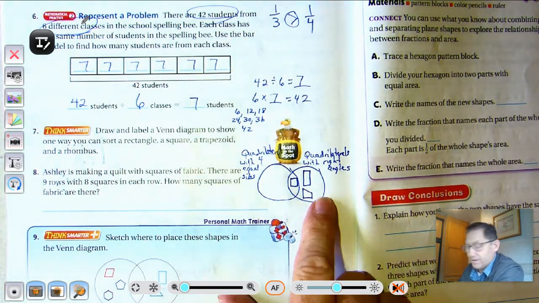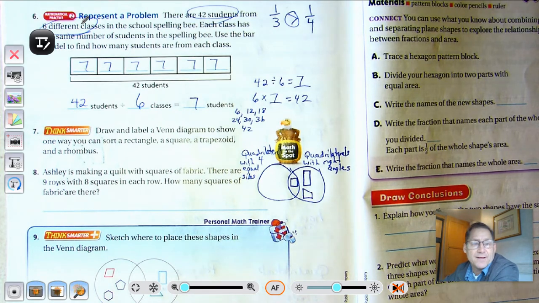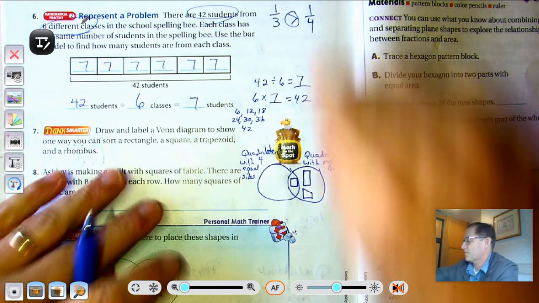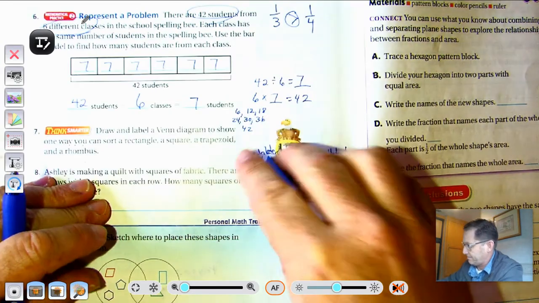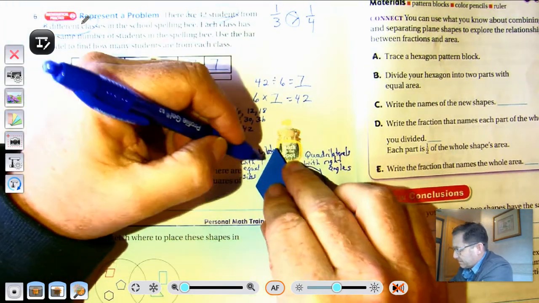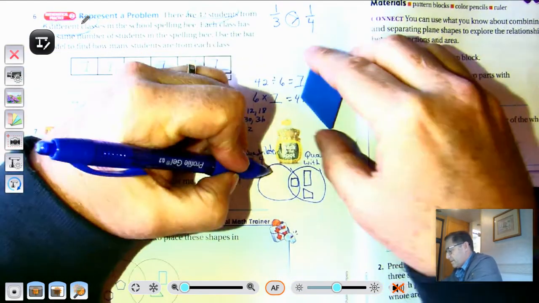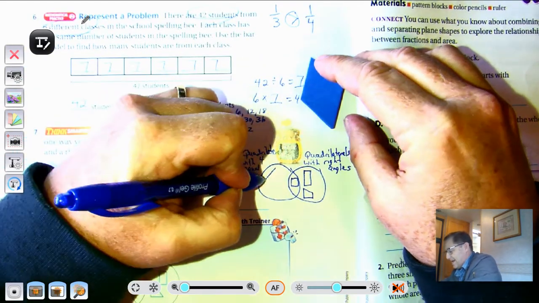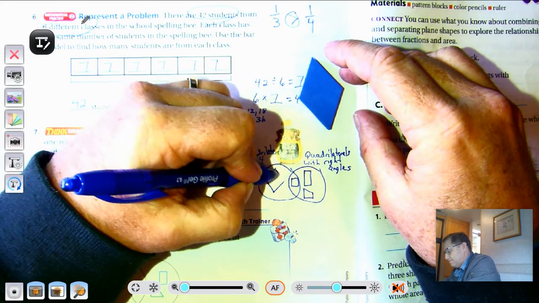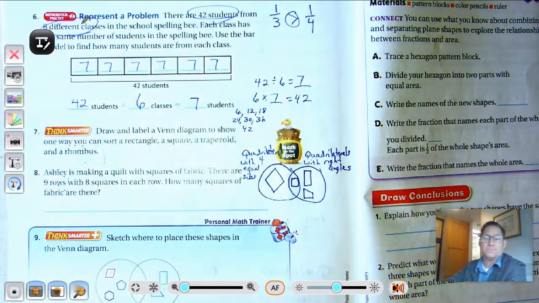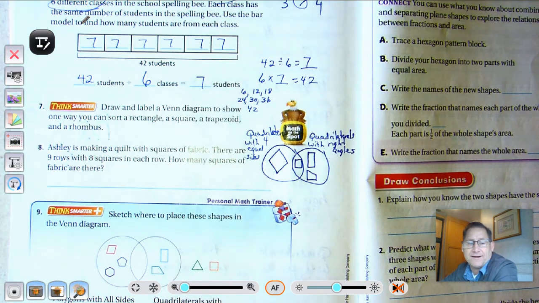It has one pair of parallel sides. And a rhombus. Well, if we draw a rhombus, like this one here, it's obviously bigger than my shape, but a rhombus doesn't have to have right angles. Okay, so I could put the rhombus there.